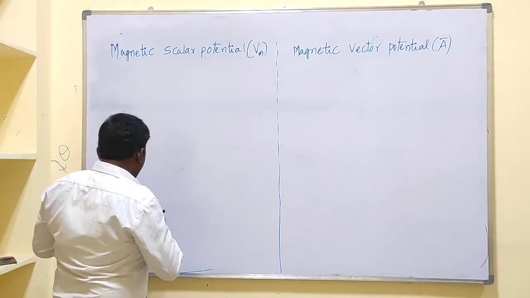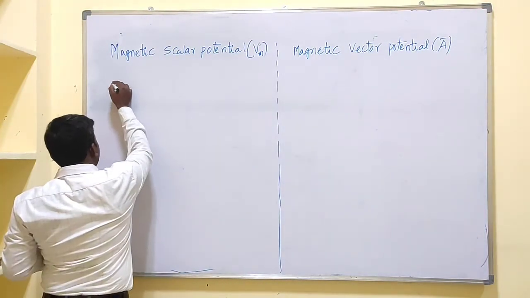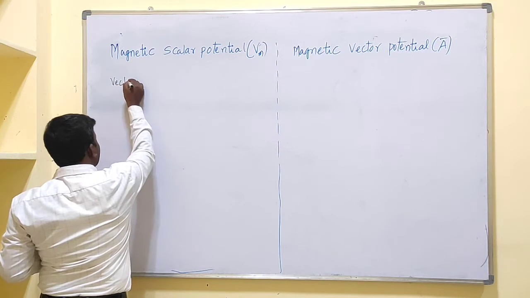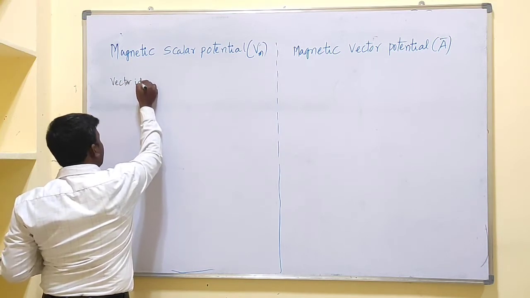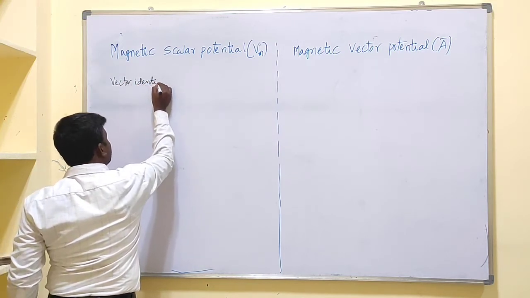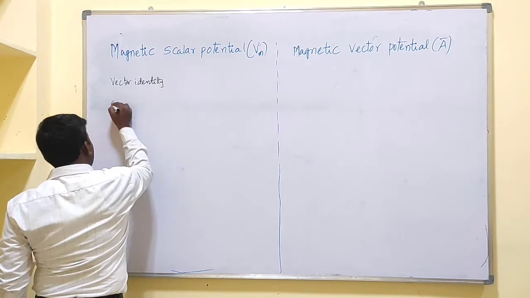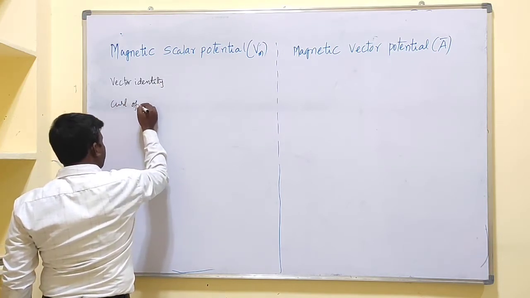We know one of the vector identities: the curl of the gradient of any scalar is 0.